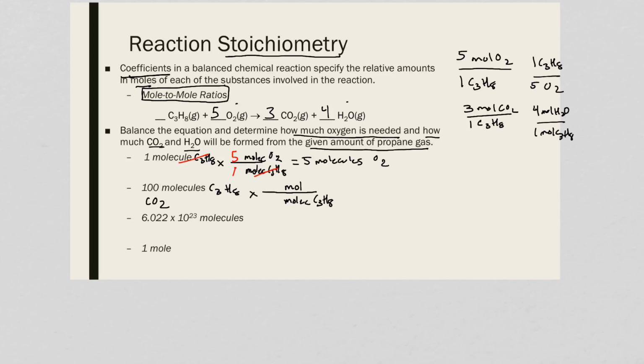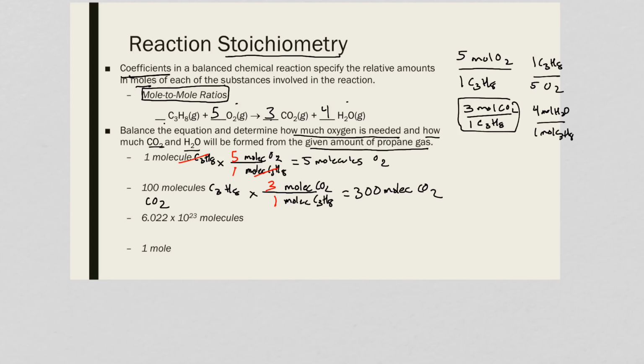And since I want to get to CO2, I'm going to need molecules of CO2 on the top. Well, my balanced equation tells me that I can get 3 CO2 for every 1 C3H8. So we got 3 and 1. That means if I react 100 molecules of C3H8, I can form 300 molecules of CO2.